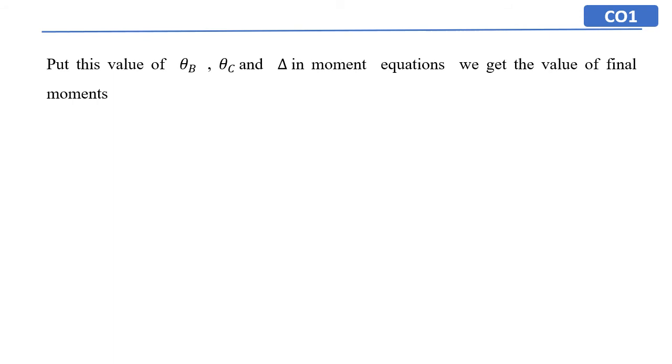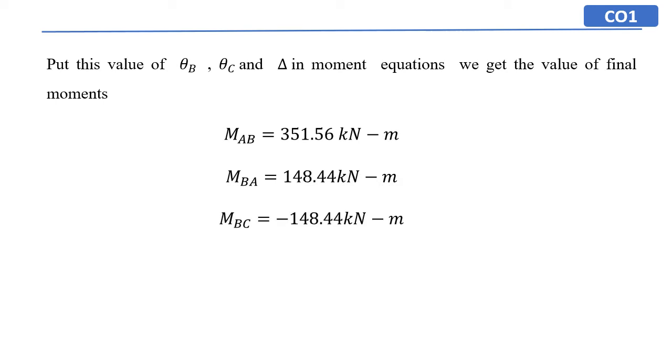Put these values of theta B, theta C and delta in moment equation and we get final moments. MAB is equal to 351.56 kilonewton meter, MBA is 148.44 kilonewton meter, MBC is minus 148.44 kilonewton meter, MCB is equal to 0 kilonewton meter.